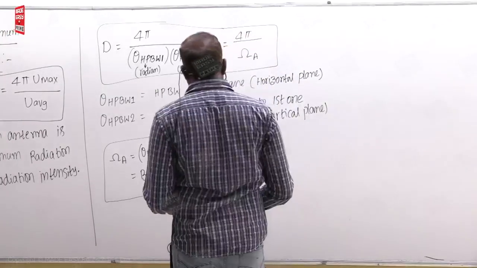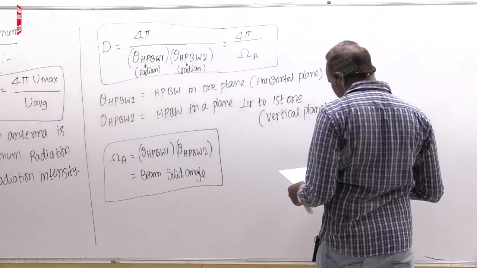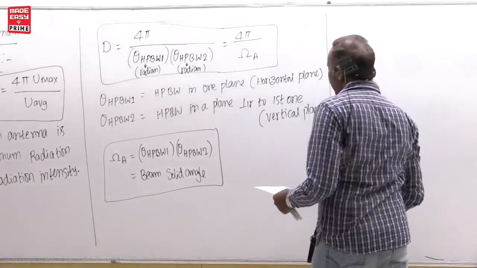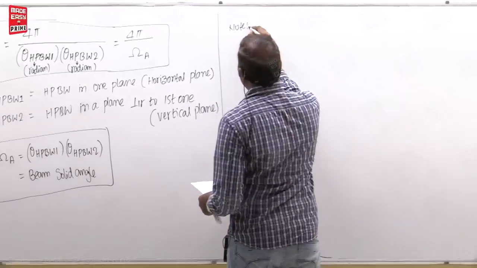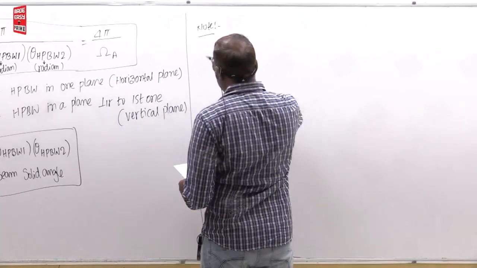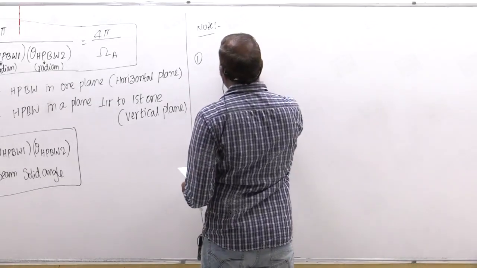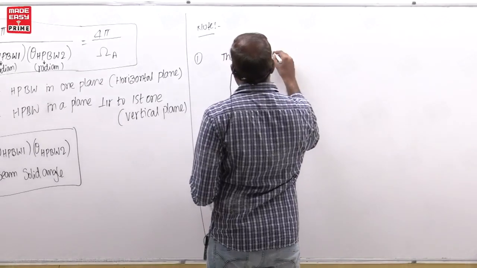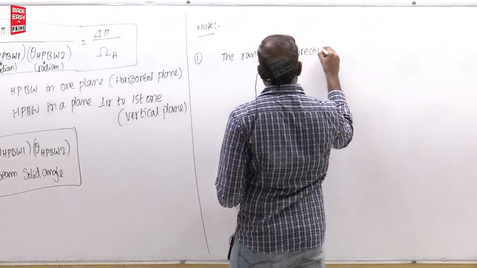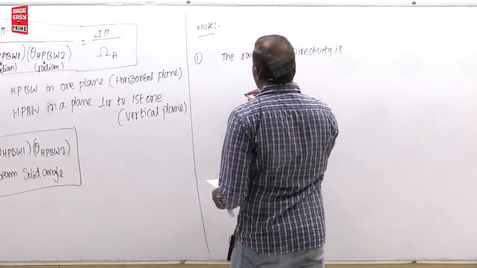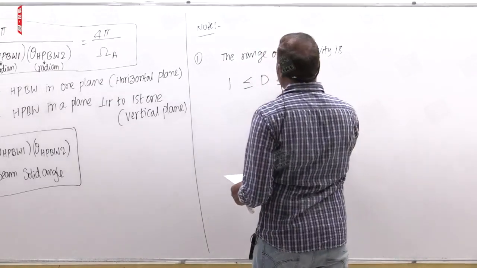Now, after reading these formulas, here some standard data is there. Note. Okay. First one. The range of directivity D. The range of directivity is 1 less than or equal to D less than or equal to infinity.